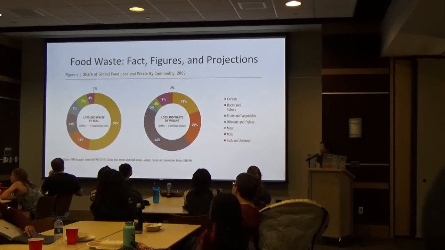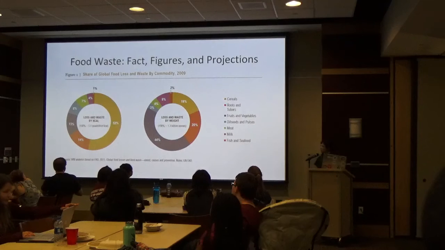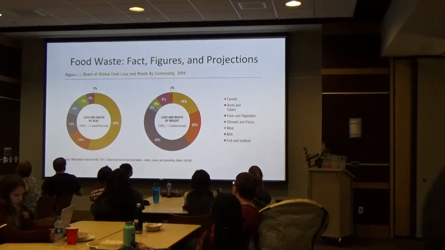And this is just a way to visually see the loss by the types of food. So cereals is the majority of the waste by caloric intake, whereas it's only 19% of the weight.